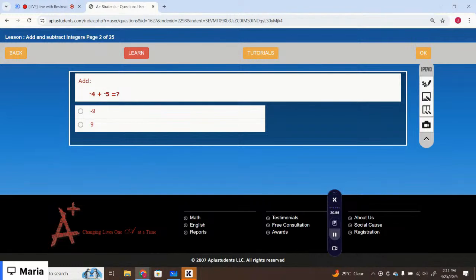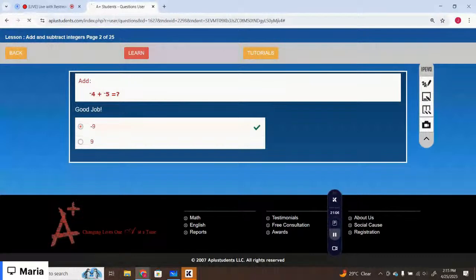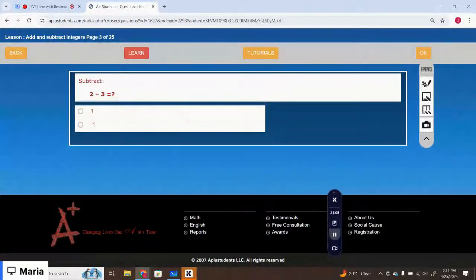Option number 1 is the correct option. Two minus 3, which is the correct option? Which option is the correct one, 1 or 2?